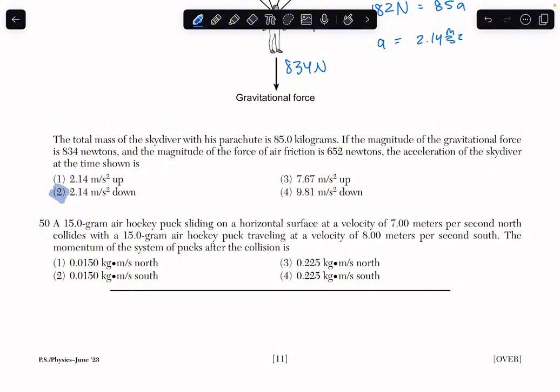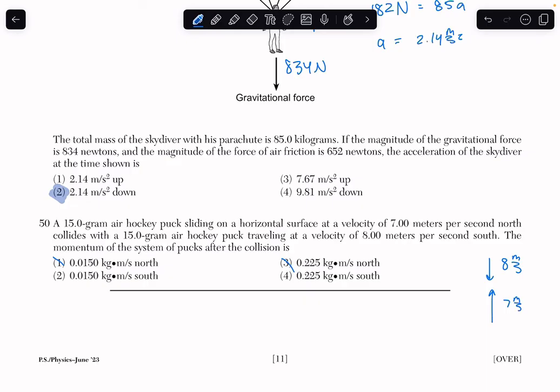There is a puck going 7 meters per second north and one going 8 meters per second south. The 8 is going to overpower the 7, and the system of pucks is going to end up moving southward. So we can eliminate 1 and 3, which both say north. So it's either 2 or 4.